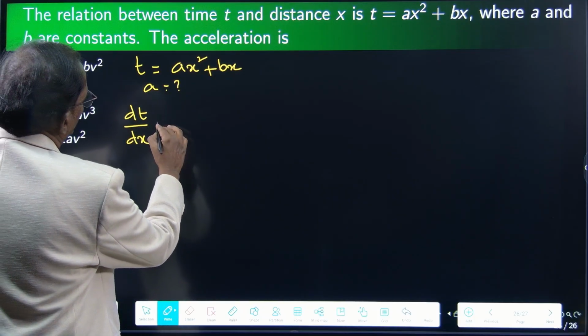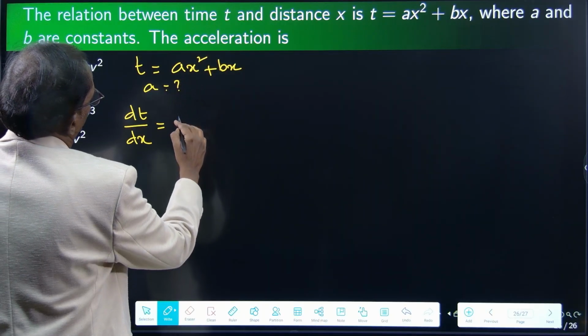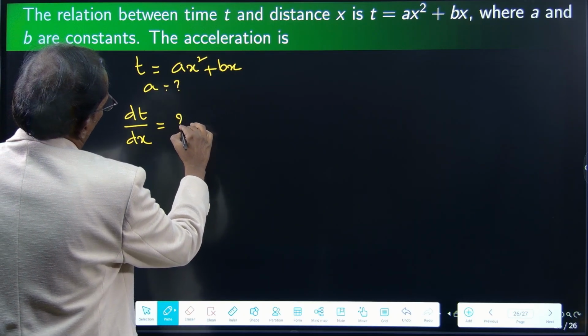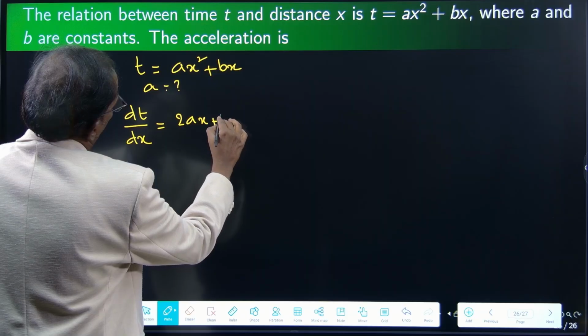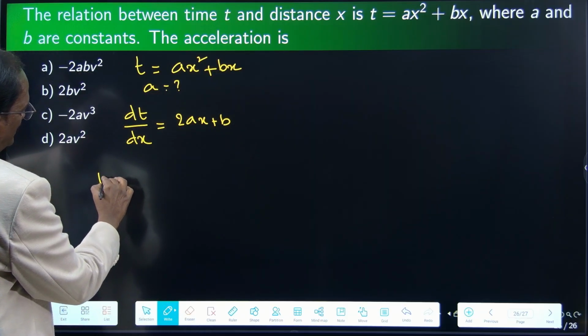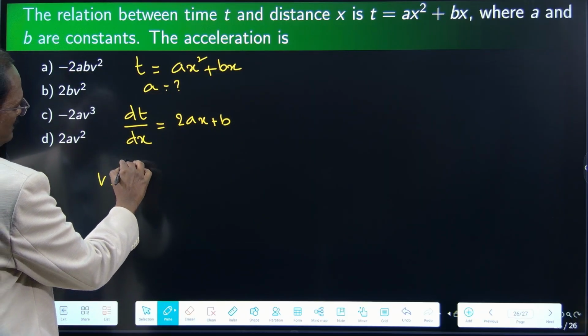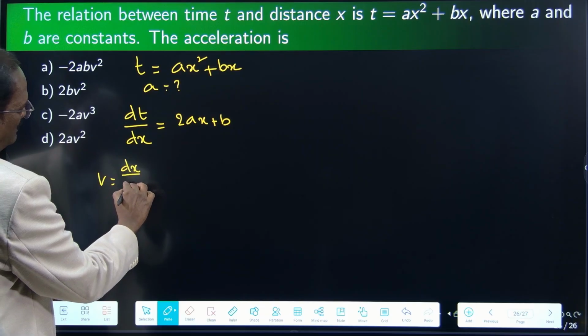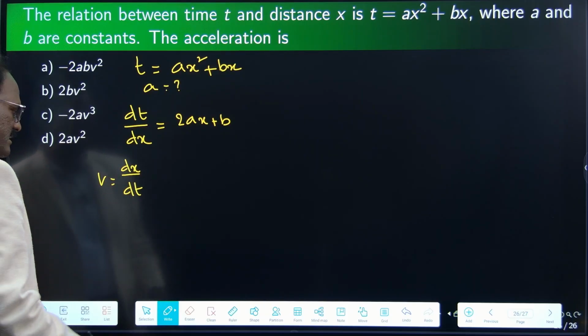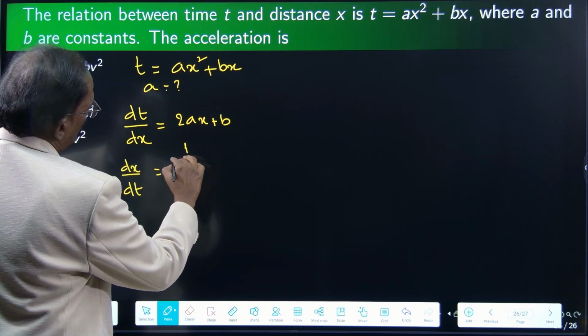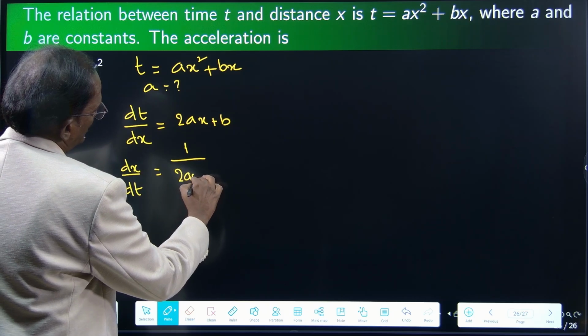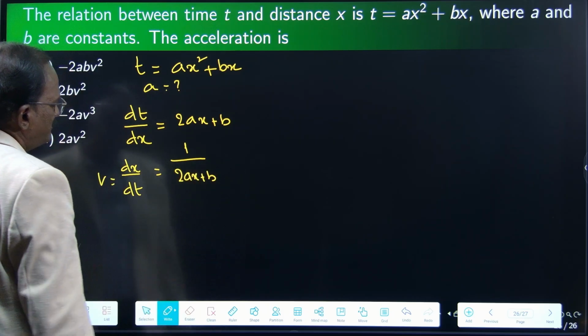So dt by dx is equal to ax square plus bx, differentiated, so 2ax plus b. Then v is equal to reciprocal of dt by dx. Dx by dt is equal to 1 divided by 2ax plus b.